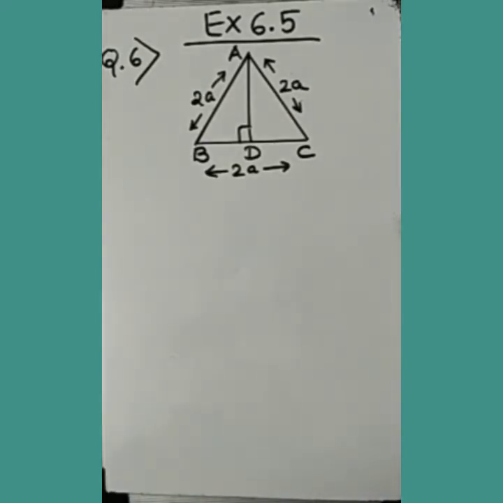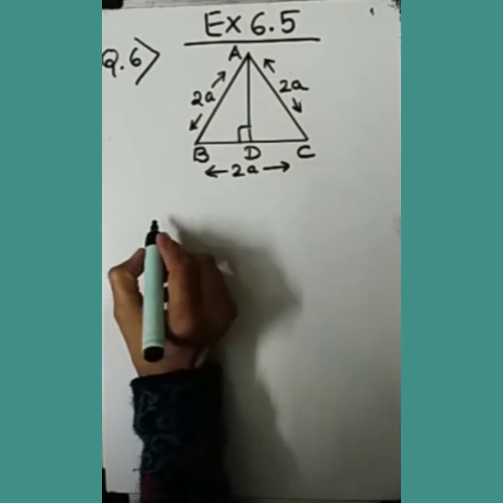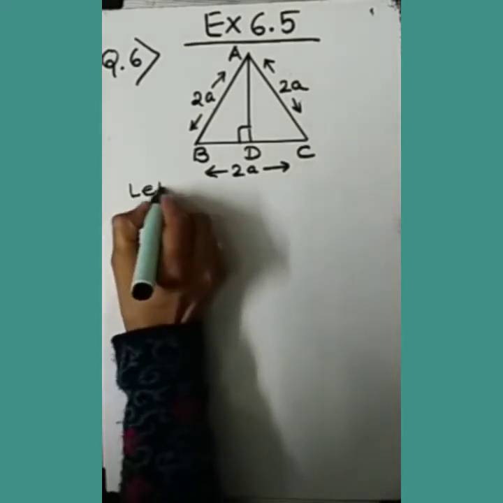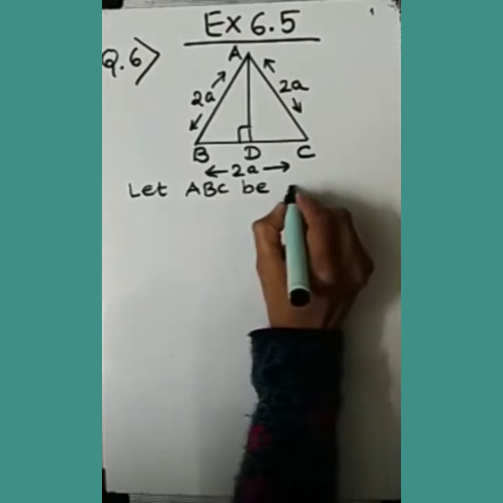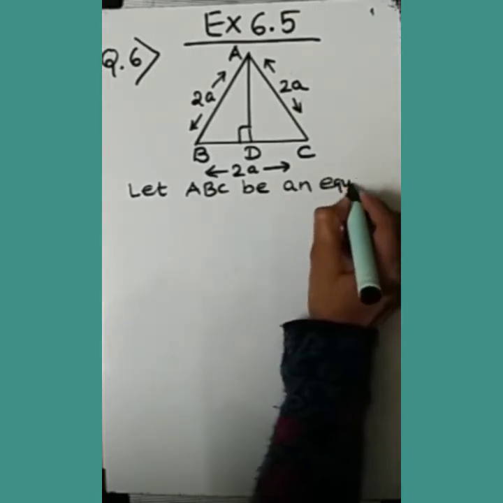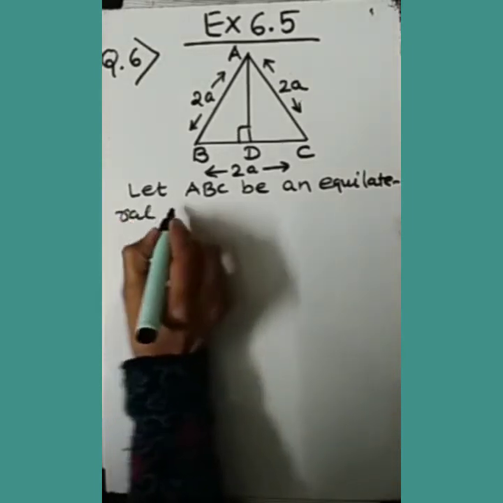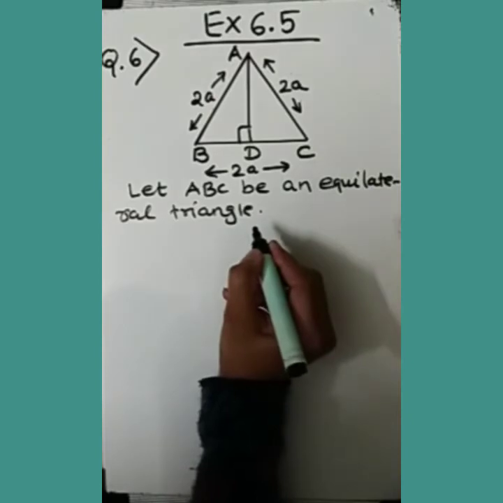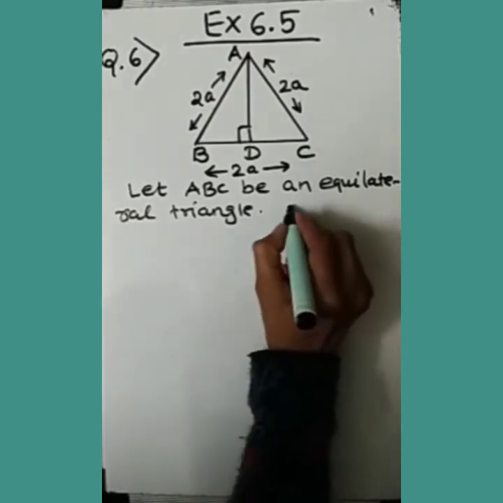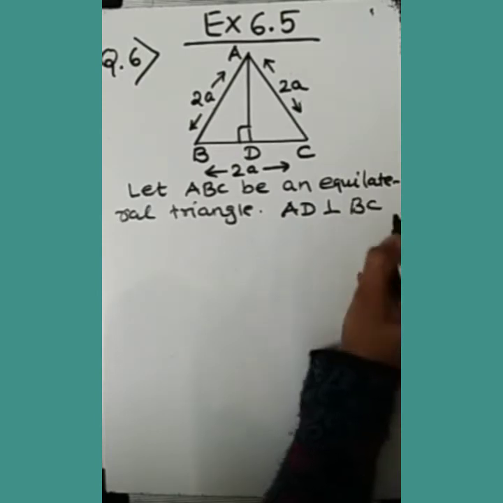So first of all, let ABC be an equilateral triangle. Now, the length of each side is 2A, and we can say AD is perpendicular to side BC.